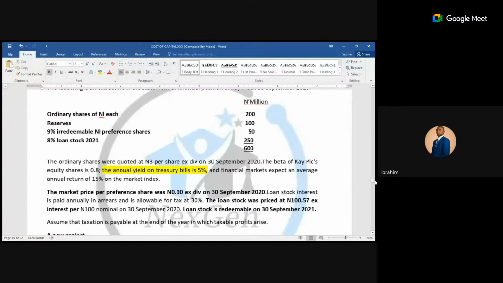How do we determine the market value of preference shares? 50 million multiplied by 0.90, divided by 1.